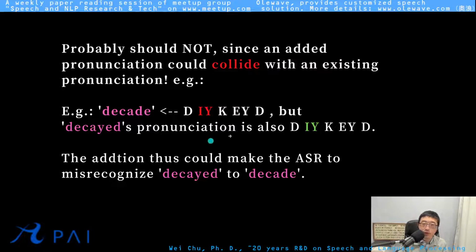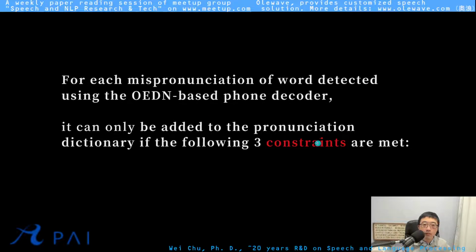Okay. Then you make recognition errors. So this is why I developed the 3 constraints to decide whether a mispronunciation should be added into the dictionary.